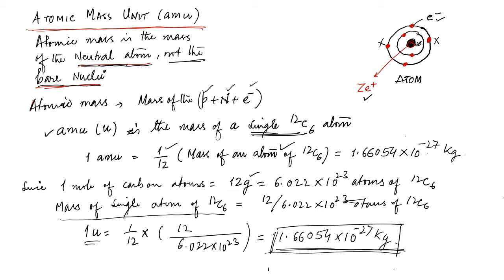And now let us move to the size of the nucleus. We know how to find the size of a nucleus. We all know about the famous Rutherford alpha scattering experiment, which you have already learned in class 12.